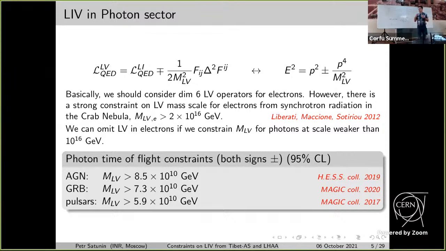So if we want to constrain M_LV for photons at the level of 10^15 or less, we can neglect LIV in the electron sector. The most popular type of constraints on LIV in the photon sector is photon time of flight constraints. I'm not sure these bounds are very recent, but the order of magnitude is 10^10 or 10^11 GeV, which is 5 orders of magnitude less than 10^16 GeV.